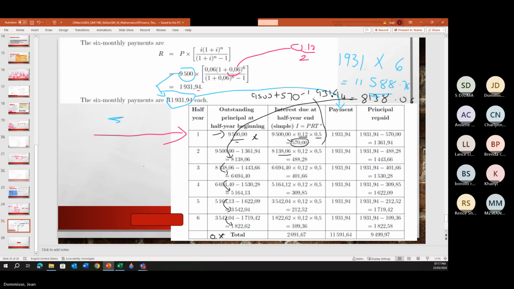Yes, Kanye, that's exactly it. So the principal repaid that you see here is just, every time, the payment minus the interest.